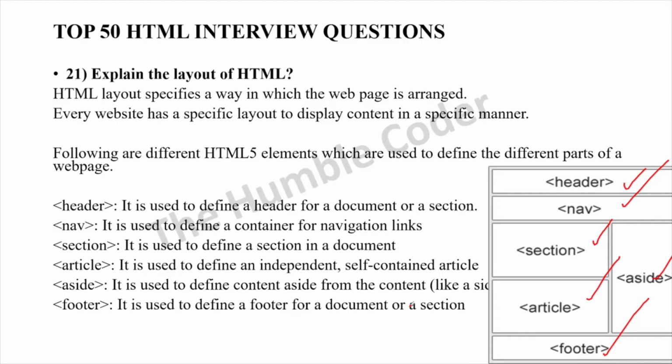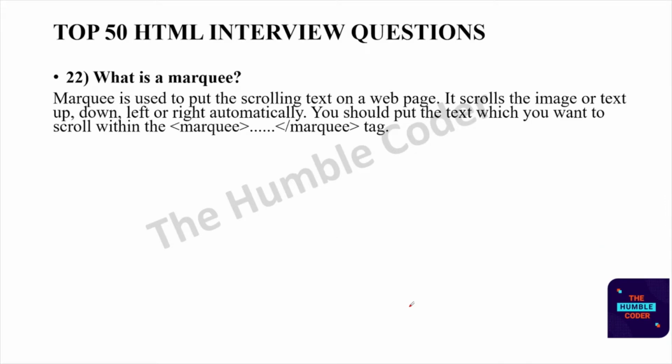Let's move ahead with our next question, which is: what is marquee? You might have heard this word, or if not, this is a very important question. If you have done some web development, you will come across this word, marquee. Marquee is used to put scrolling text on the web page. It scrolls the image or text up, down, left or right automatically.